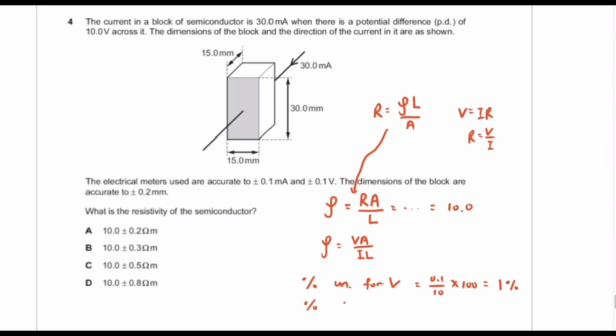Then we have the percentage uncertainty for I, the current: 0.1 milliampere over 30.0 milliampere. We just divide, times 100, which gives 0.33%.